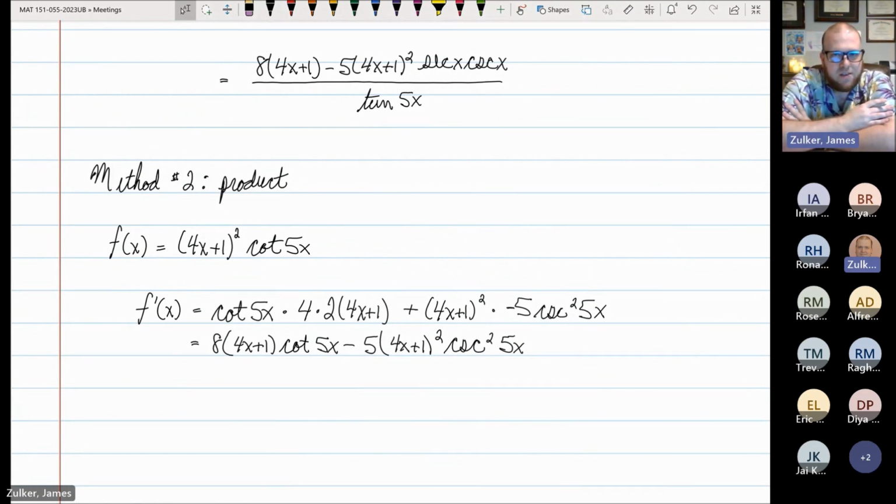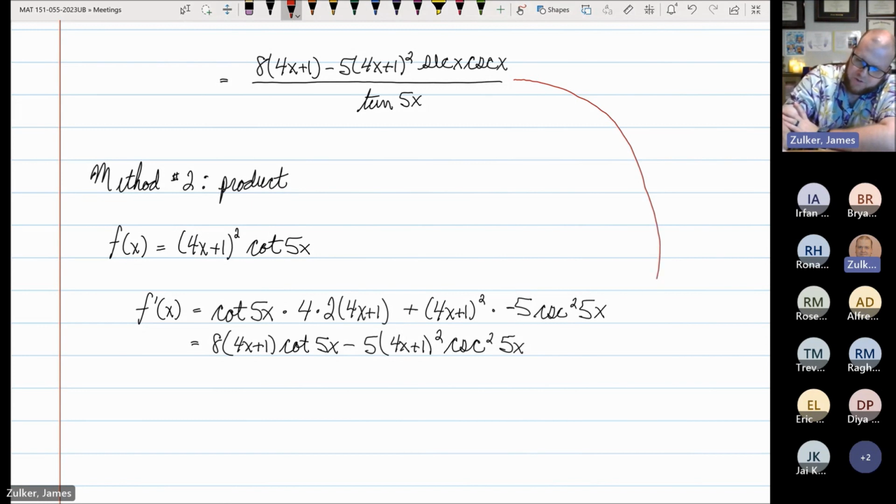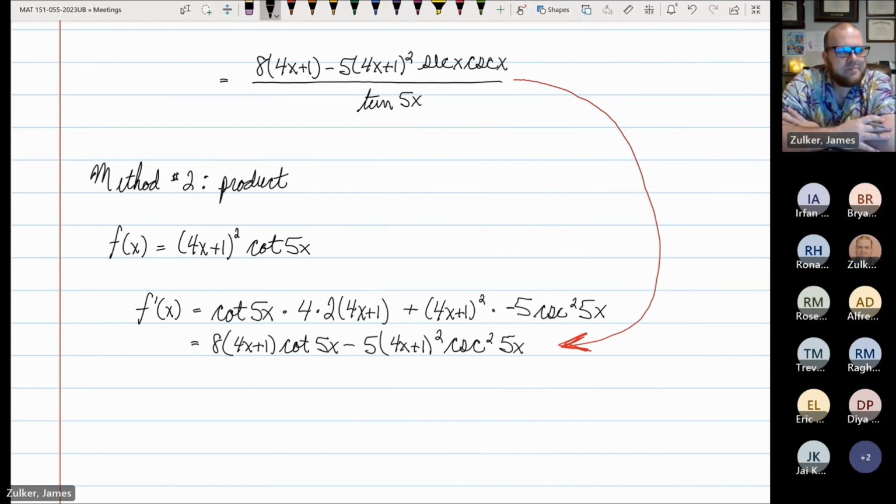Right, and you should then easily see how we can get from that first derivative form to this. Are there any questions so far on the derivative of trig functions?